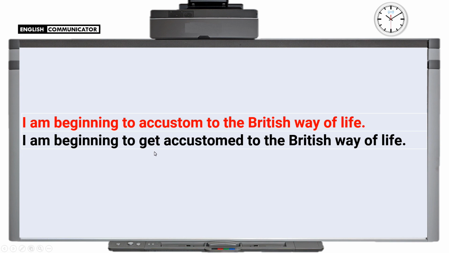So: get accustomed, get rich, get together, get used to. I'm beginning to get accustomed to the British way of life. You can't say "I'm beginning to accustom." No, I am beginning to get accustomed. Get the work done. You have to use get.